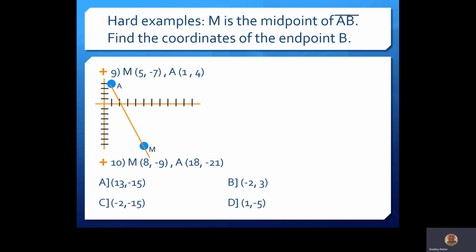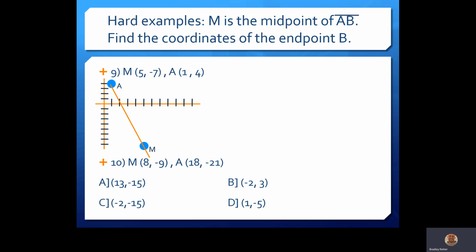You better get the midpoint that's (8, -9). Let's check it. 18 plus negative 2, that's 16. 16 divided by 2, that's that 8 we were looking for. Negative 21 plus 3, that's negative 18. Negative 18 divided by 2 is negative 9. And that's what we wanted.